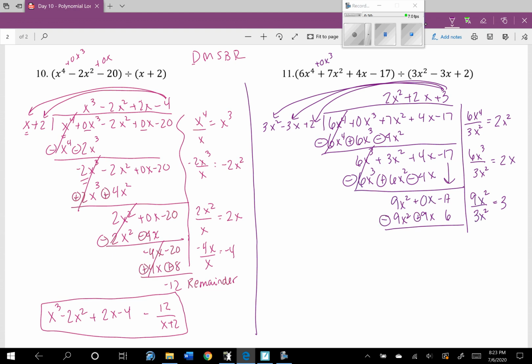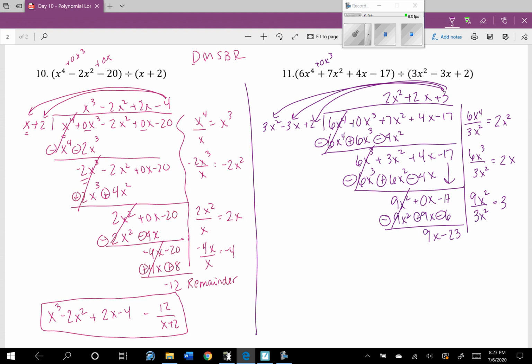So changing those signs, this cancels out. 0x plus 9x is just 9x. Negative 17 minus the 6 is negative 23. And then notice that there's no other spots for us to go.